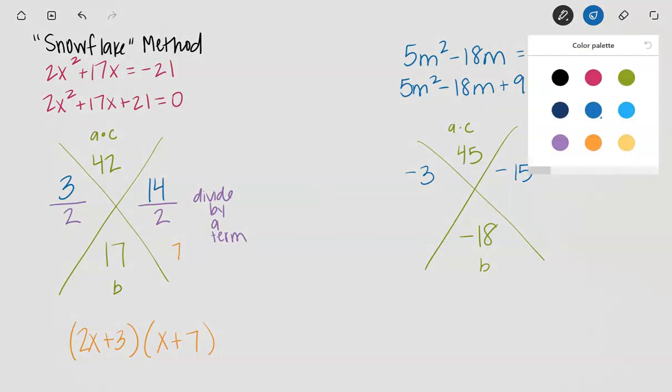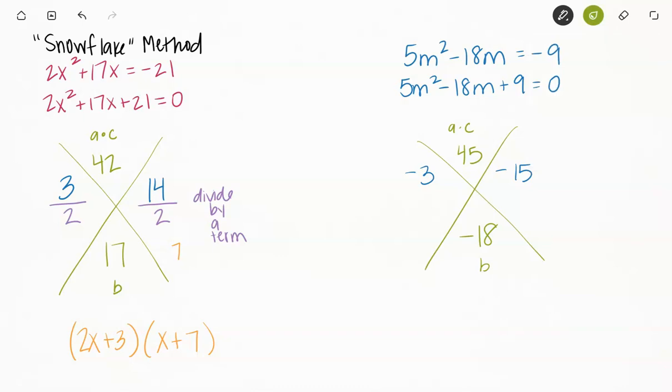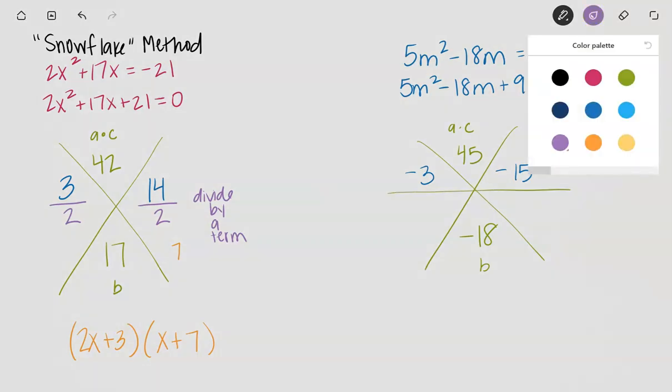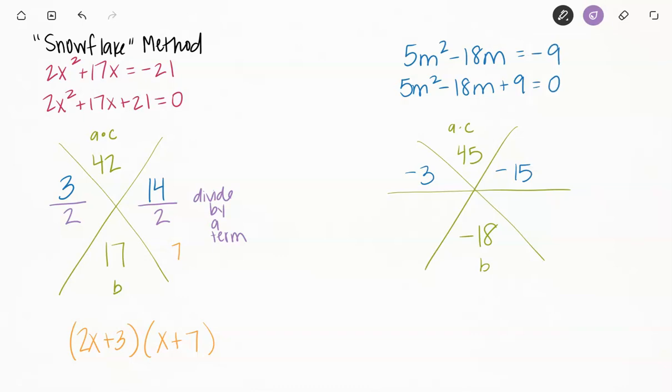So again, what I was saying with that snowflake method is some people say it looks like a snowflake because they'll do that to remind you to divide by the a term. I don't love just drawing that line across, so I would rather just divide by 5, divide by 5. Again, we are going to simplify this if it can.